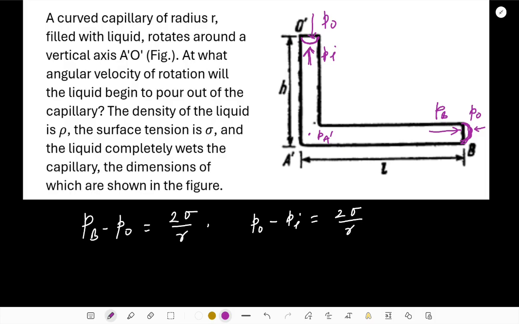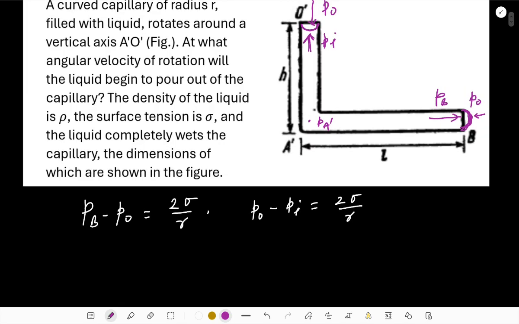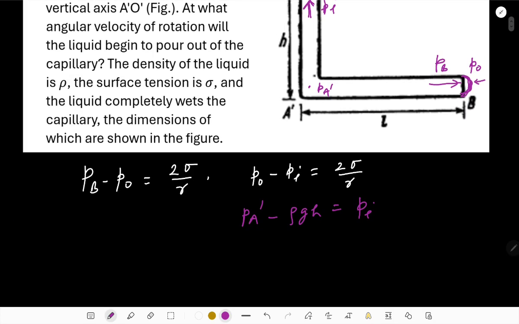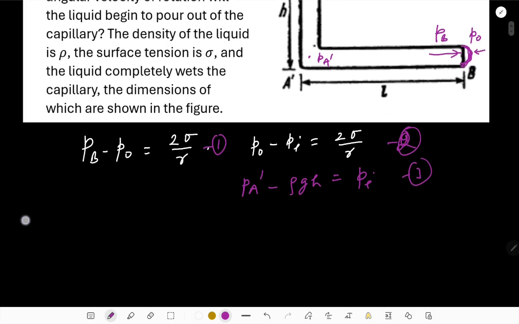And I can write one more thing: PA dash minus rho GH will be equal to PI. This is equation number 2, and this is number 3.